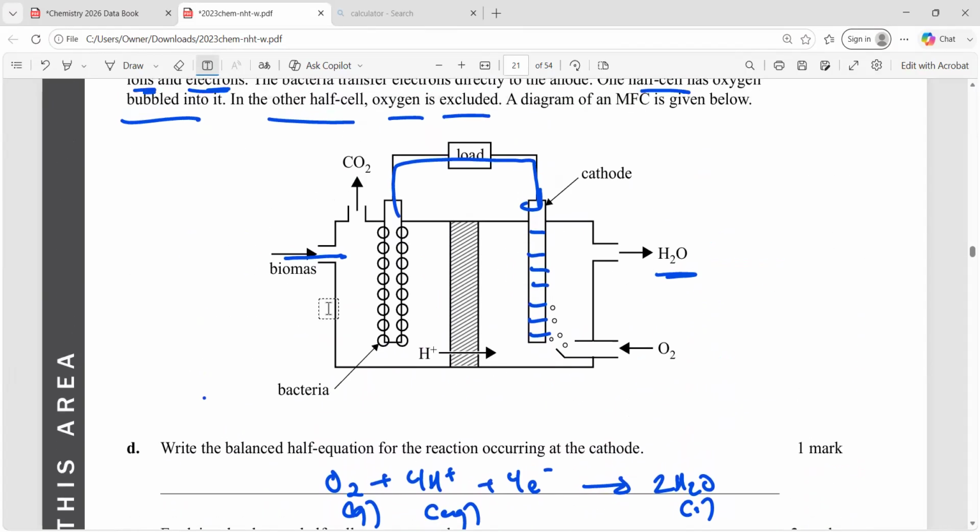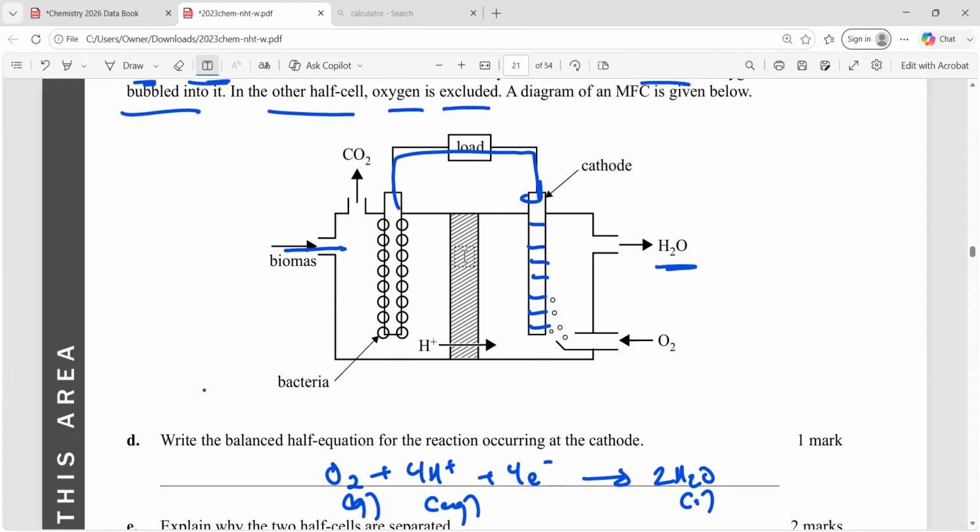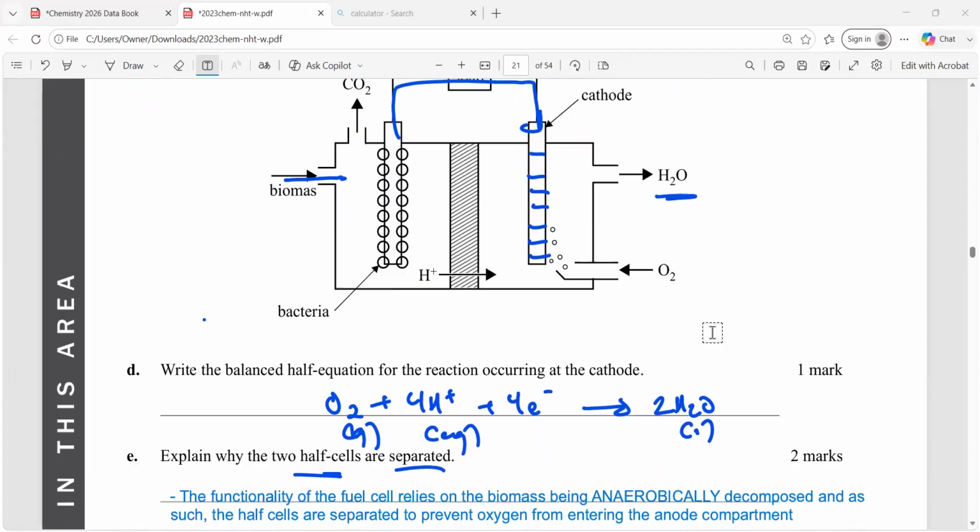The other thing that's always good to keep in mind in any fuel cell is if there wasn't any separation here, right? Just give me a second, guys. Sorry.